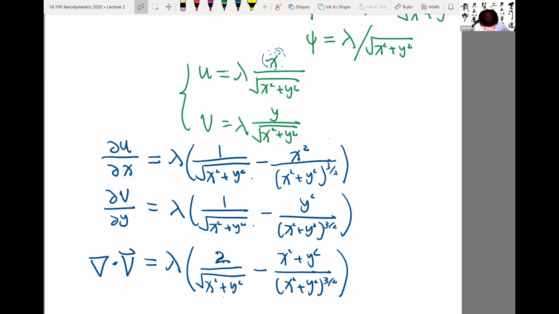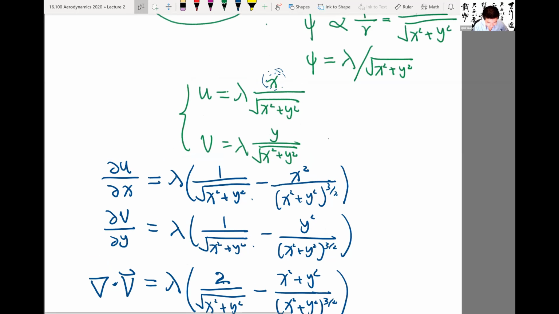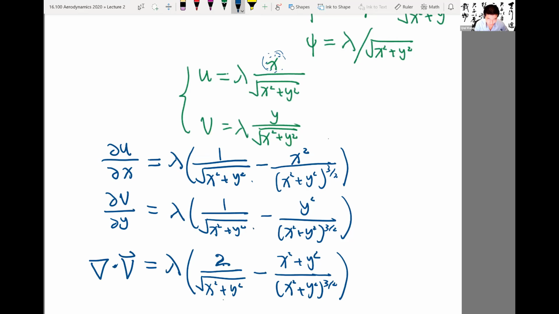Can anybody spot where I'm missing it? Yeah, so the problem is that I should get a divergence of velocity equal to 0, right?